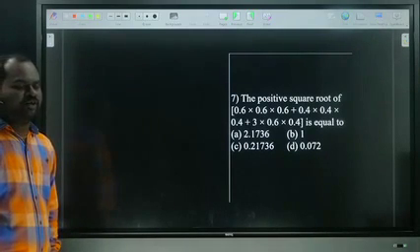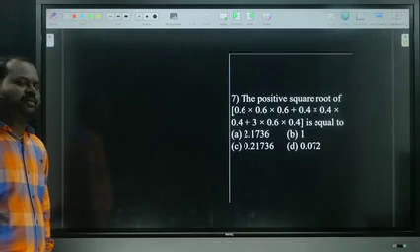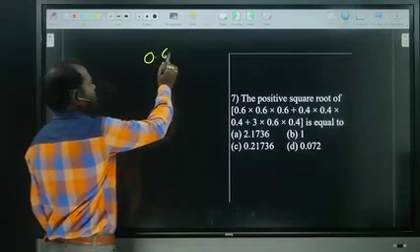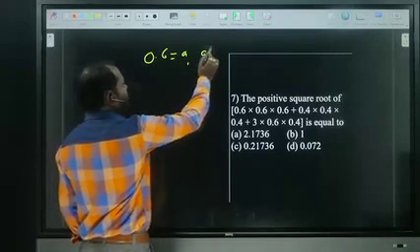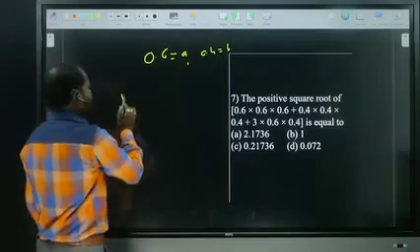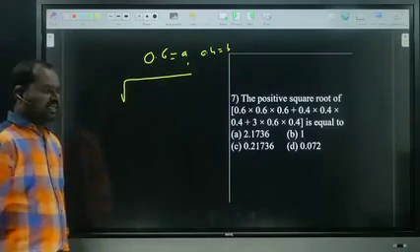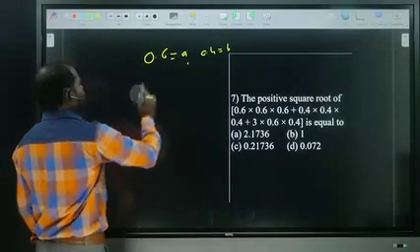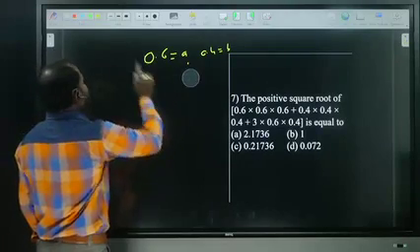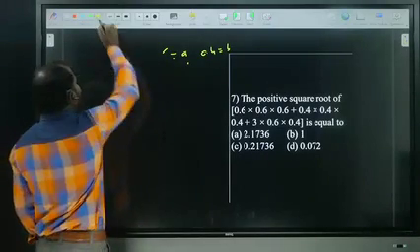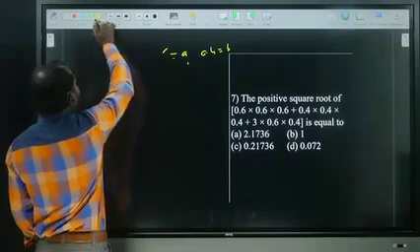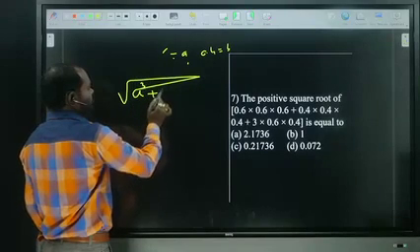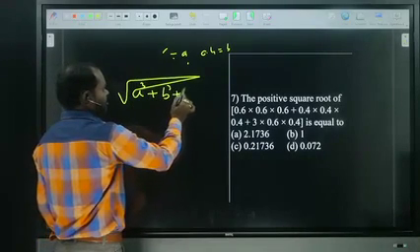Now, the positive square root of the question. Here, 0.6 is repeated 3 times, 0.4 also 3 times, ma. If you assume 0.6 as A and 0.4 as B, the positive square root of 0.6 repeated 3 times is nothing but A cube, plus B cube, plus 3AB.